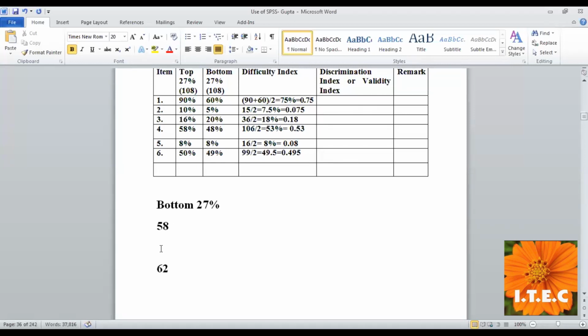Now I have to calculate for 60. Now in the top 27% is 90. So therefore, you know the value given here is 0.41, and the value given here is 0.38.